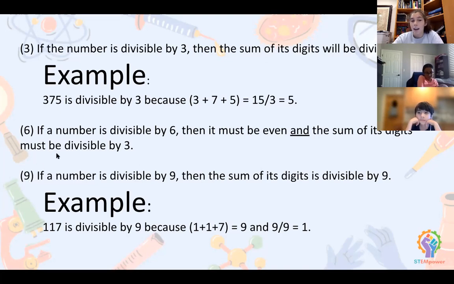Okay, so for 9, if a number is divisible by 9, then the sum of the digits has to be divisible by 9. So it's very similar to 3, but it's just a bigger number that it has to be divisible by. Let's say 81.